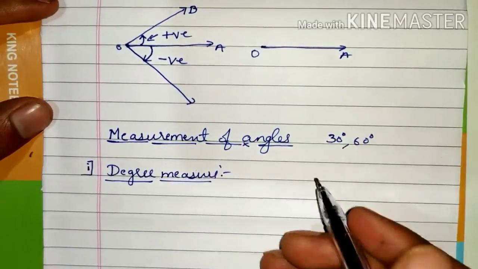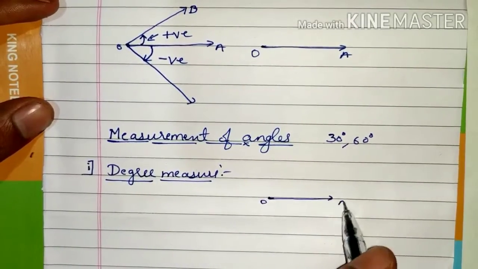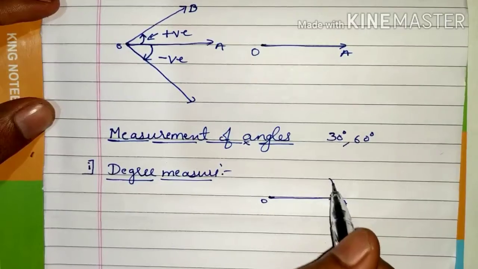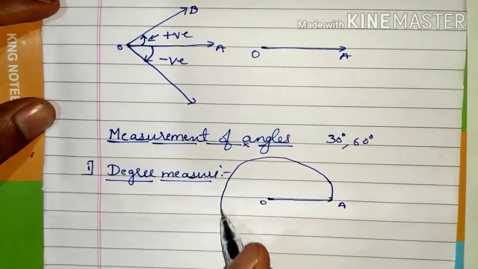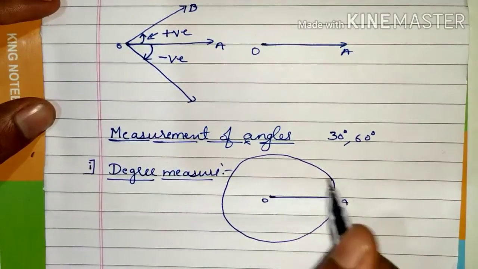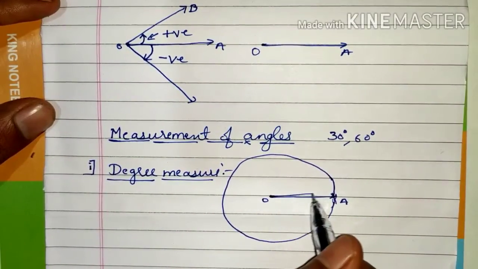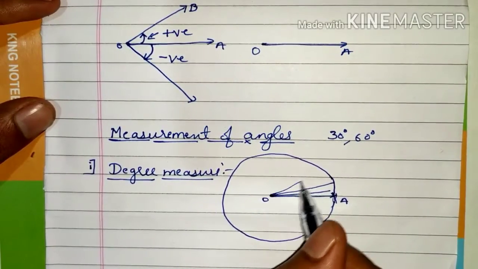Degree measure is nothing but this: if a line OA rotates in this direction and completes one complete rotation, a circle, then this one complete rotation is divided into 360 equal parts like this.